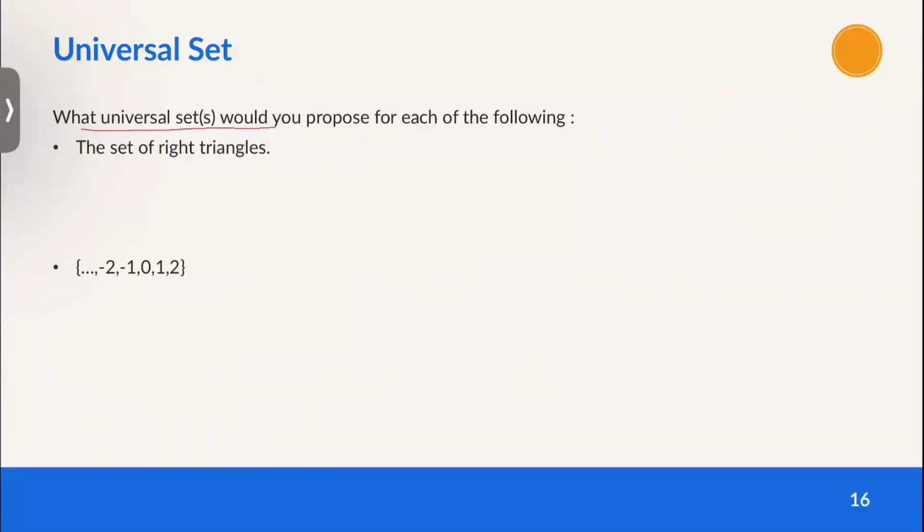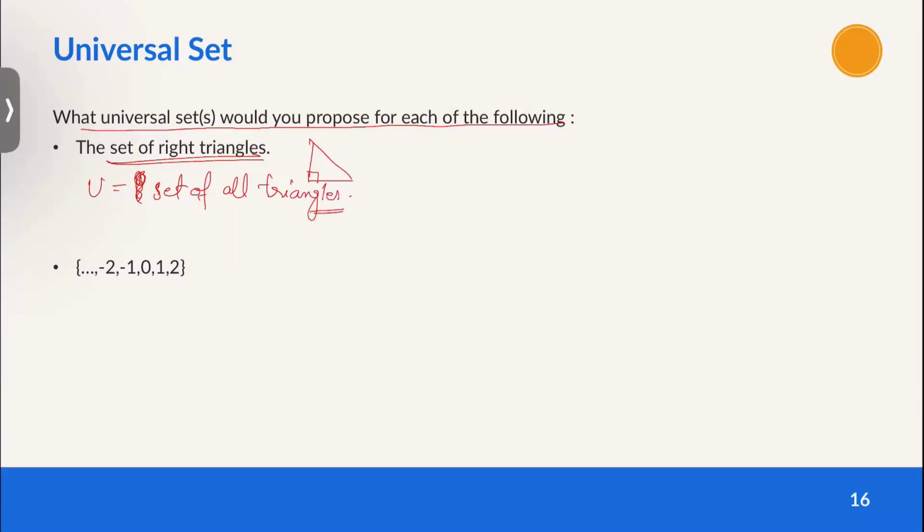Suggest some universal set for the following. We have a set of right triangles. A right triangle means a triangle which has a right angle in it, right? The universal set here can be many sets you can think of. You can write it like this, the set of all triangles.